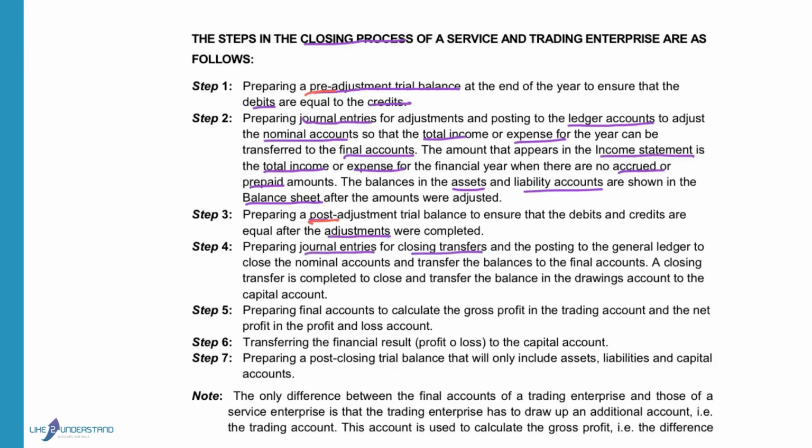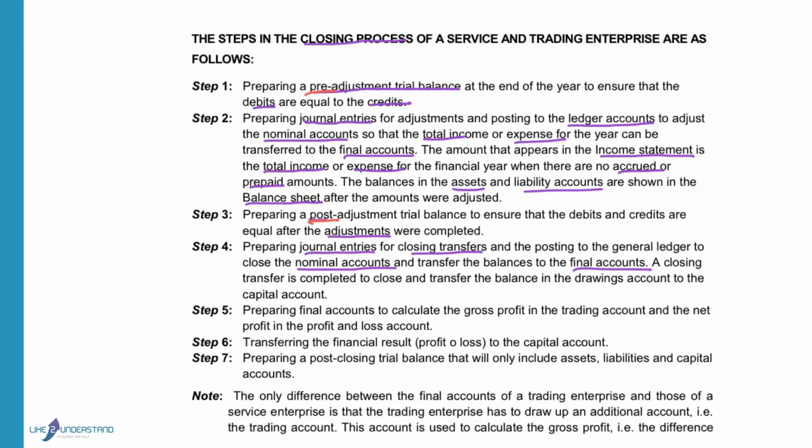In the closing transfers, you will transfer all the balances in your nominal accounts to the final accounts. Your final accounts is your trading account and your profit and loss account. So sales and cost of sales will be transferred to the trading account to determine the gross profit. All your other income and expenses will be transferred to the profit and loss account to prepare your net profit for the year.